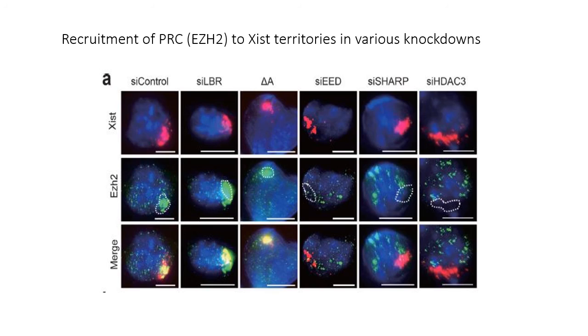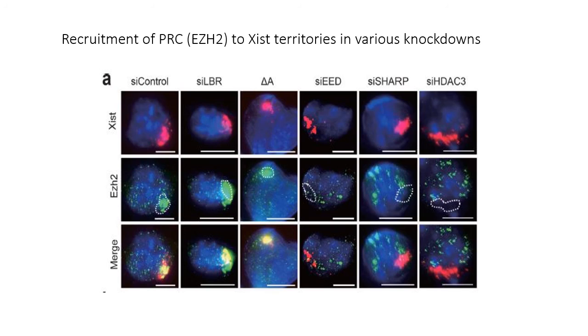So there is no localization of EZH2 in the absence of this particular histone deacetylase. And you can see that the merge still looks pink. It doesn't look yellowy like it would if you put the two together in a merge. So that just illustrates this general thing.